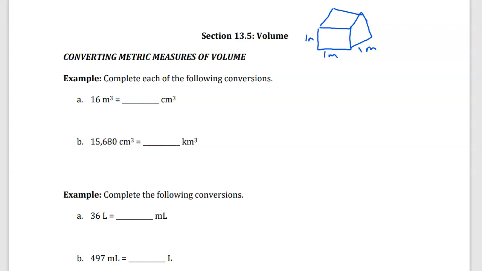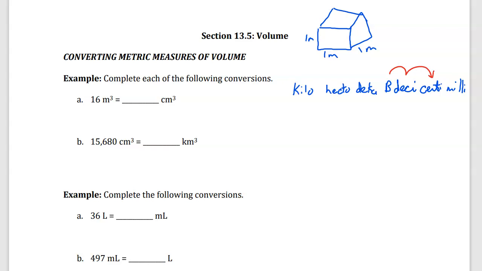When we looked at the metric system, remember we looked at the kilo, the hecto, the deca, then our base, and then the deci, centi, and the milli. Previously, when we were looking at just, say, meters to centimeters, we went once.